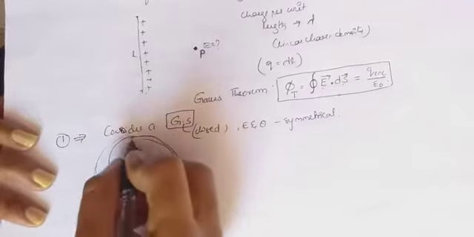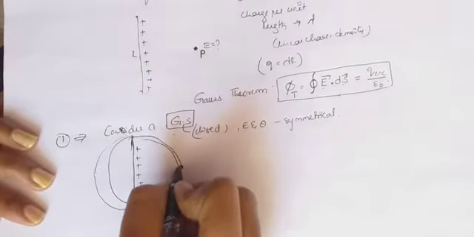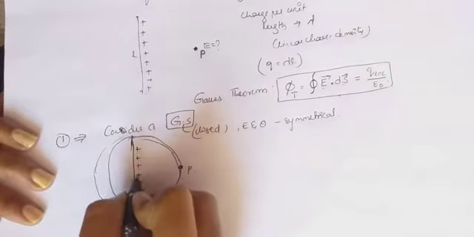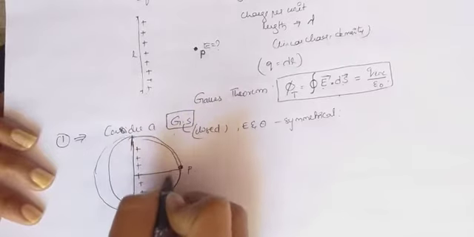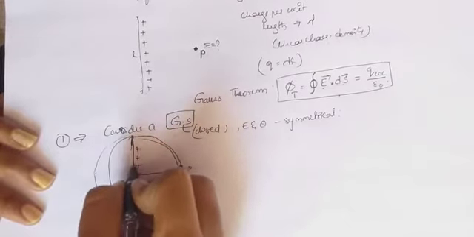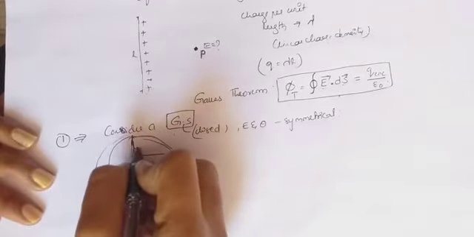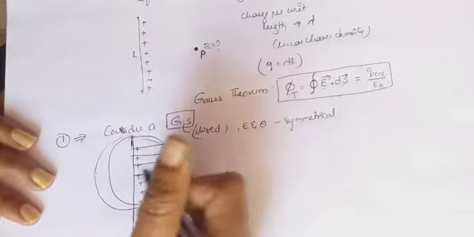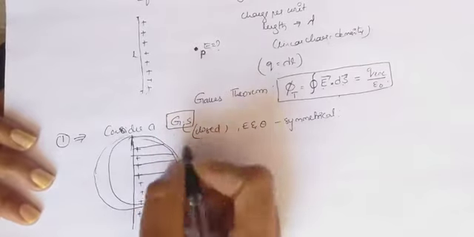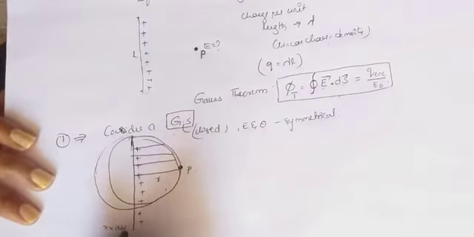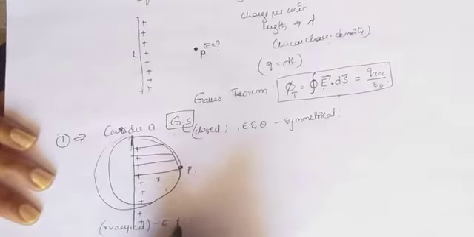Okay, so now see here, this is the point P, no? So here to here the distance is r. Here to here the distance is less than r, and here to here the distance is also less than r. So that means as r is varying, the electric field also varies.